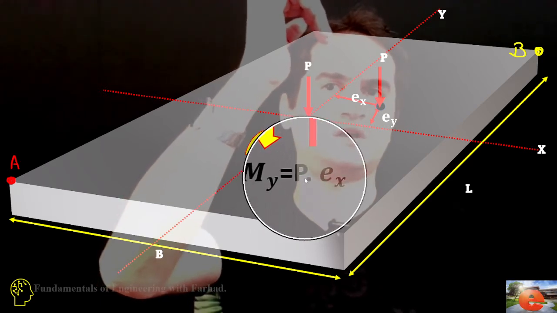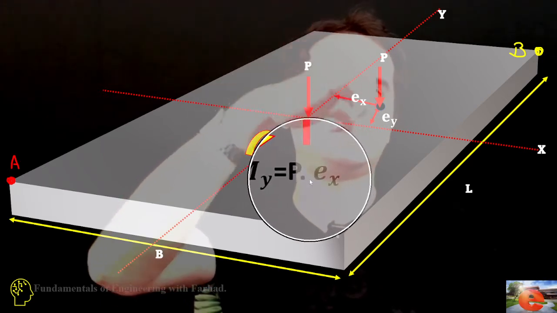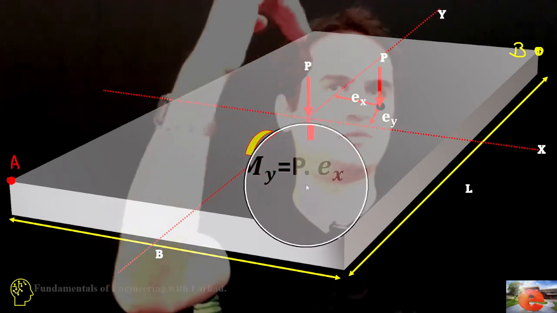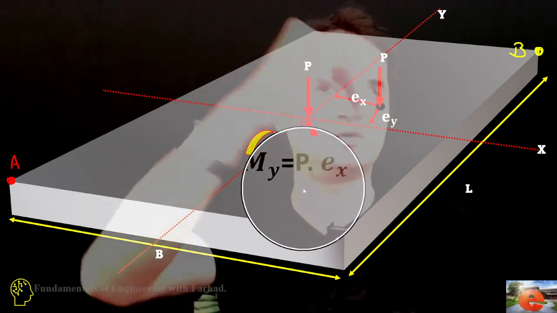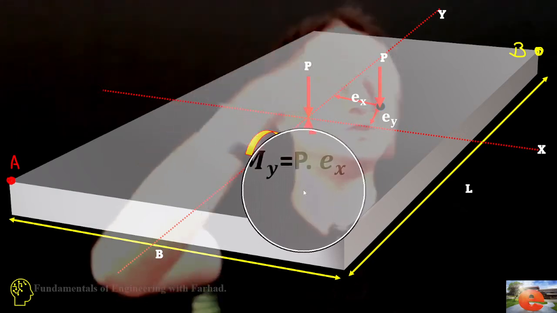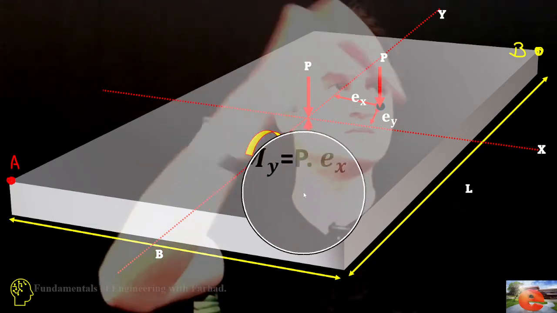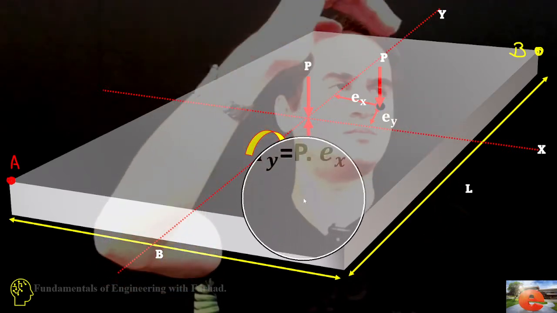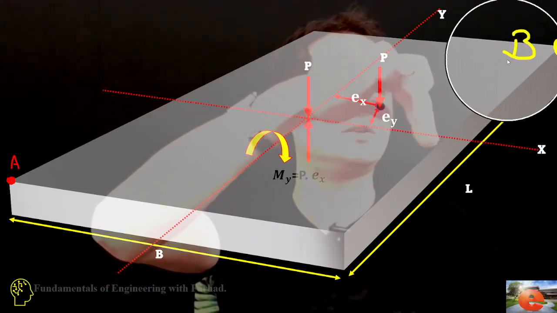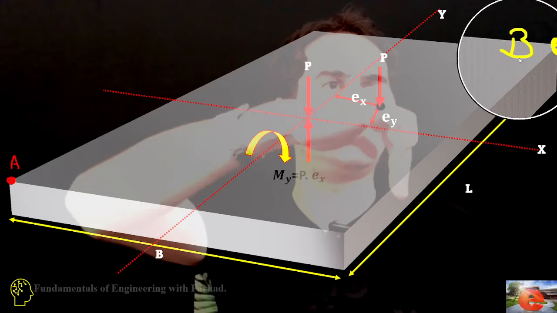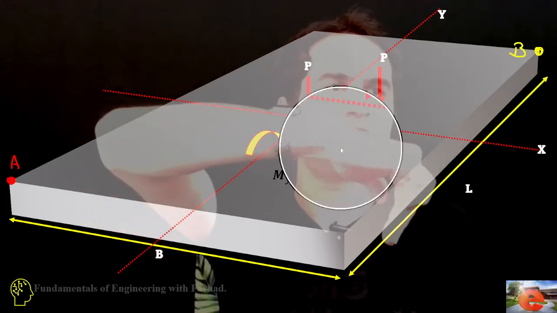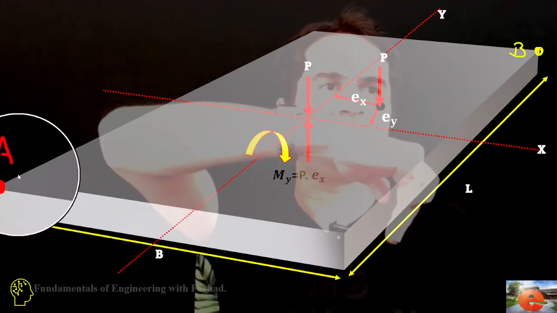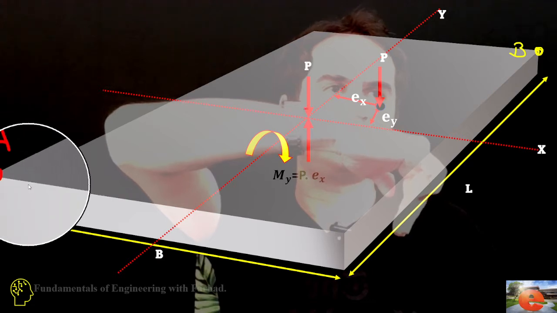My is the force P times the eccentricity of x, which provides a bending moment about the y-axis. If you look at the nature of this clockwise moment, you can easily see this kind of moment pushes point B at the top and pulls the other side, point A, at the other end of the foundation.